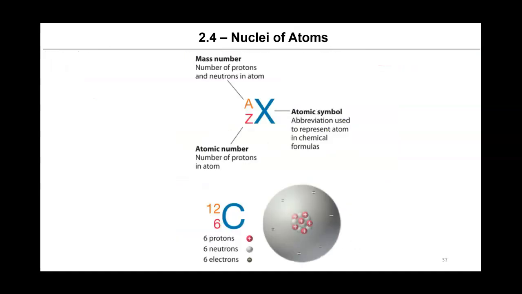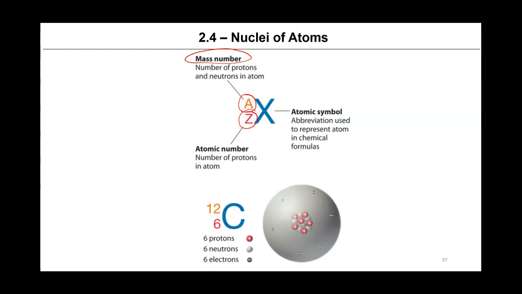Okay, so breaking this down a little further, when we write the complete isotope notation for an element, before and above the element symbol, we write the mass number, which is the number of protons and the number of neutrons in the atom, and in particular in the nucleus of the atom.